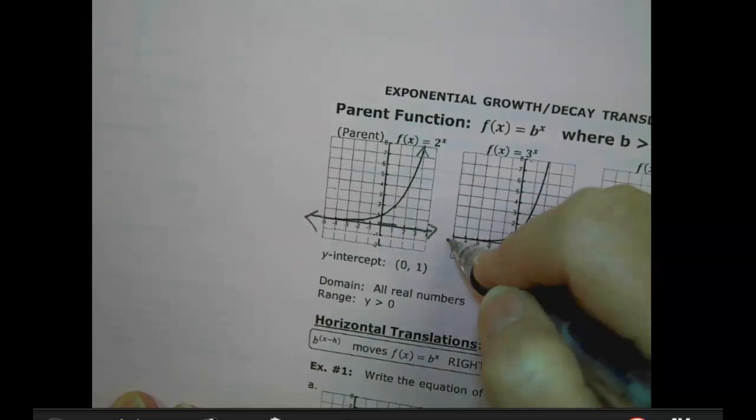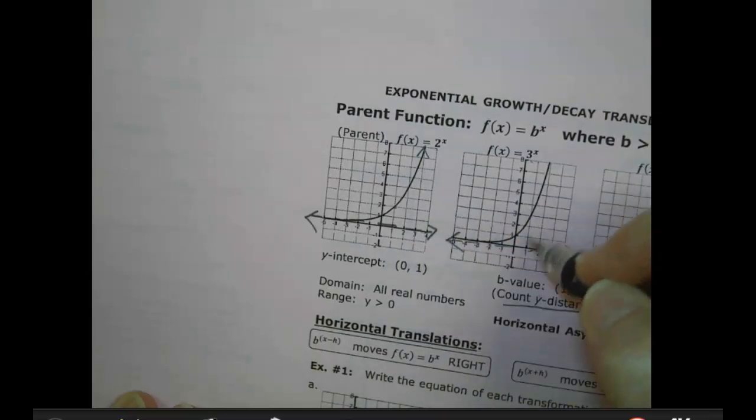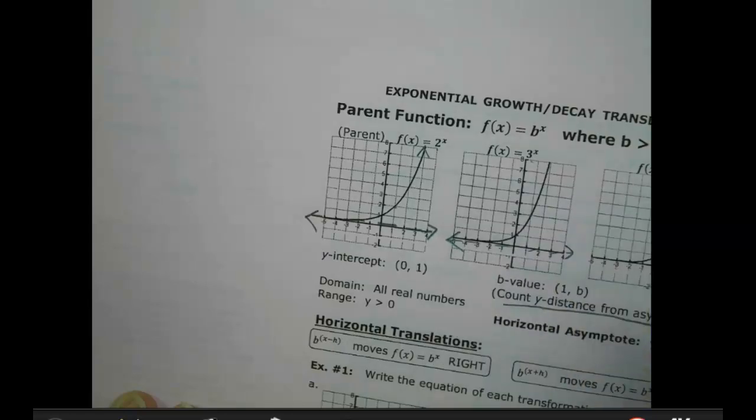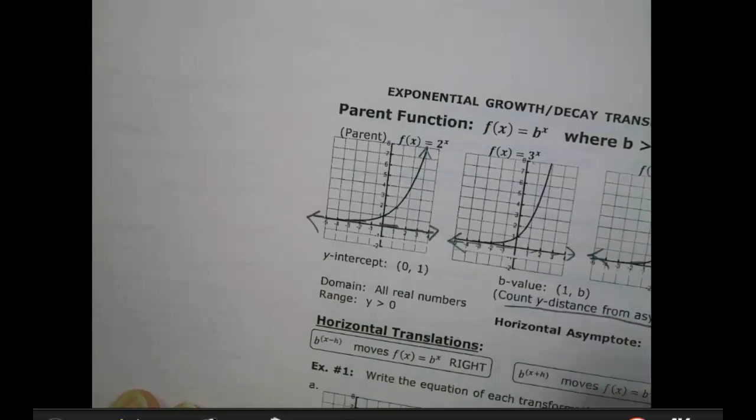Here, I would count up 1, 2, 3. And here, I would count up 1, 2, 3, 4. And so the base is 4. So we're going to count the y distance from the asymptote.